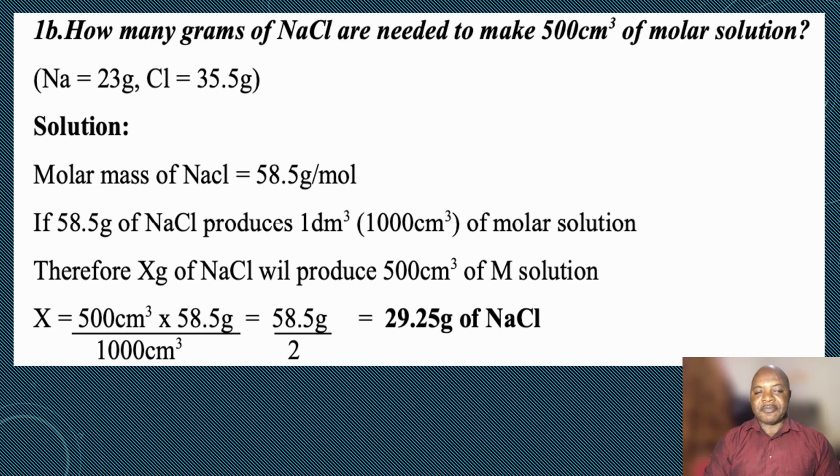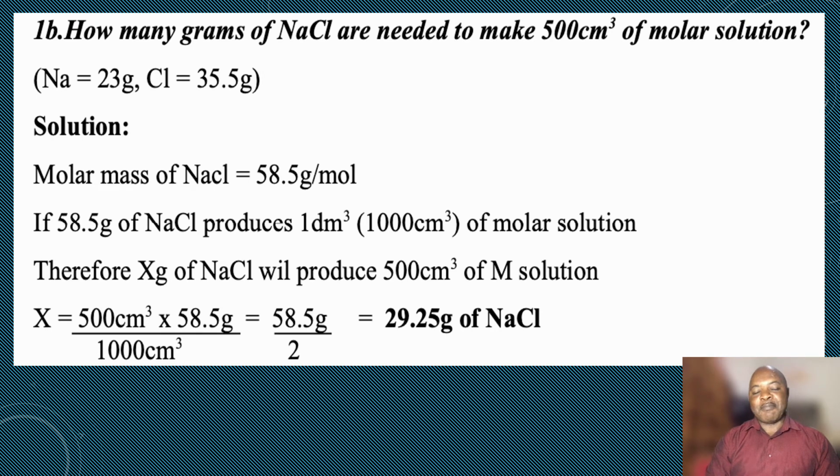We go to the formula. The molar mass of sodium chloride is 58.5 gram per mole. We can now say if 58.5 gram of sodium chloride produces 1 dm cube or 1000 cm cube of molar solution, therefore x gram of sodium chloride will produce 500 cm cube of molar solution.